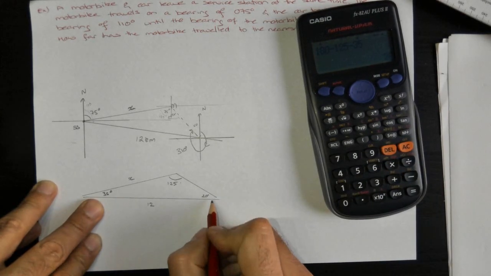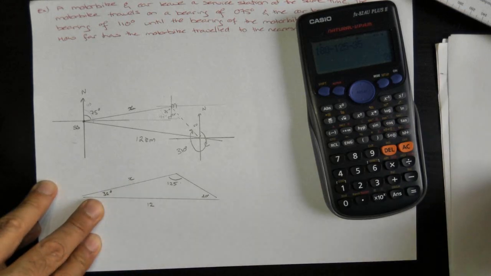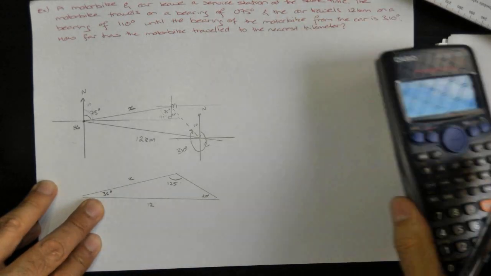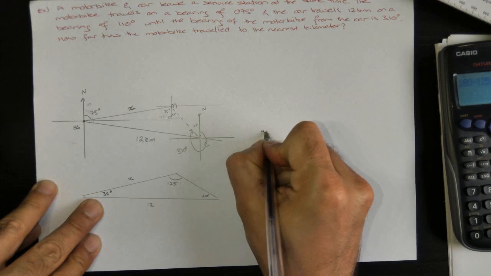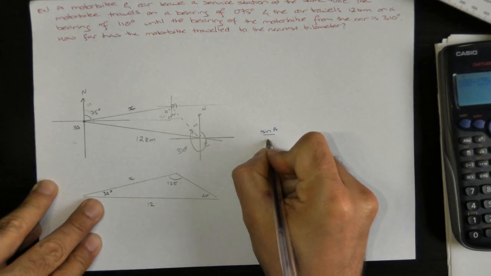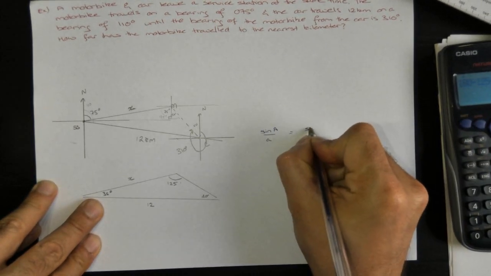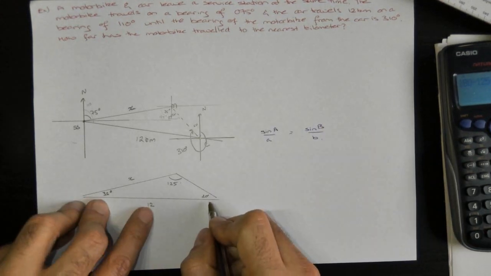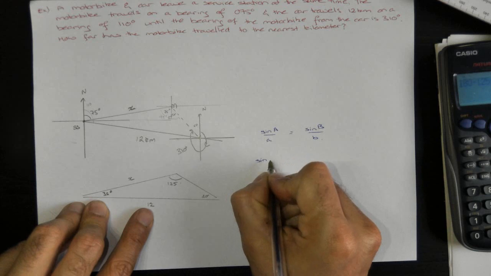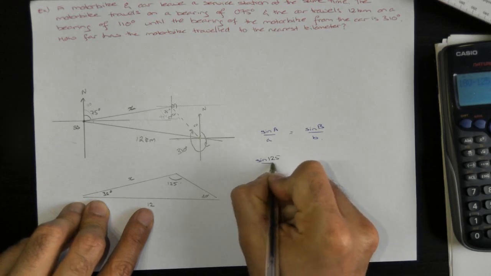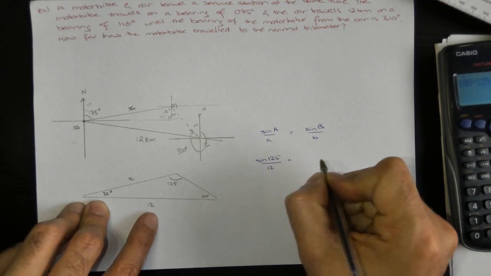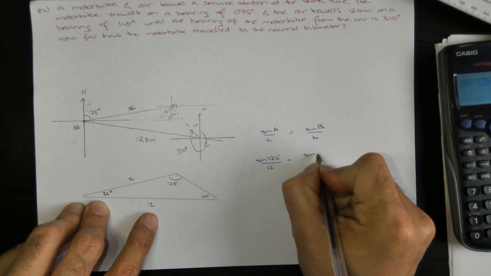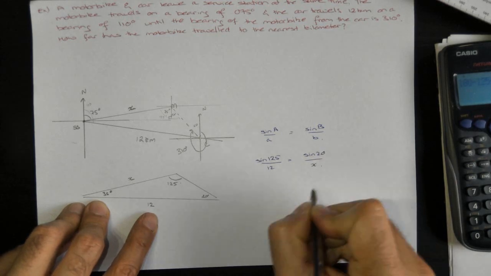And actually here now I'll use the sine rule. The sine rule in this case means that sine A over a equals sine B over b. So sine 125 over 12, and then sine 20 over x.